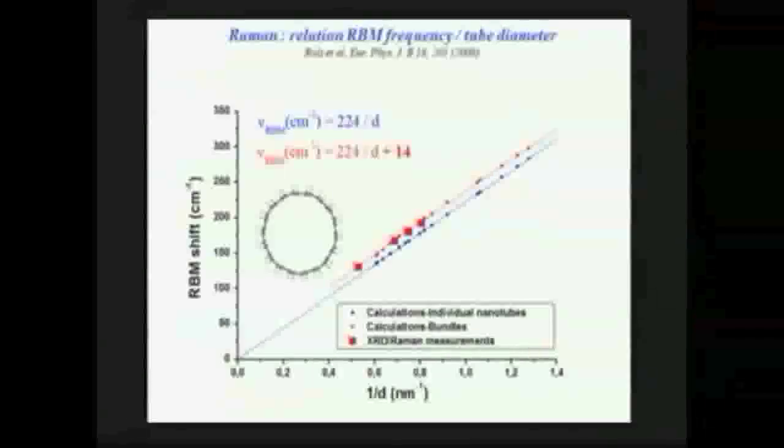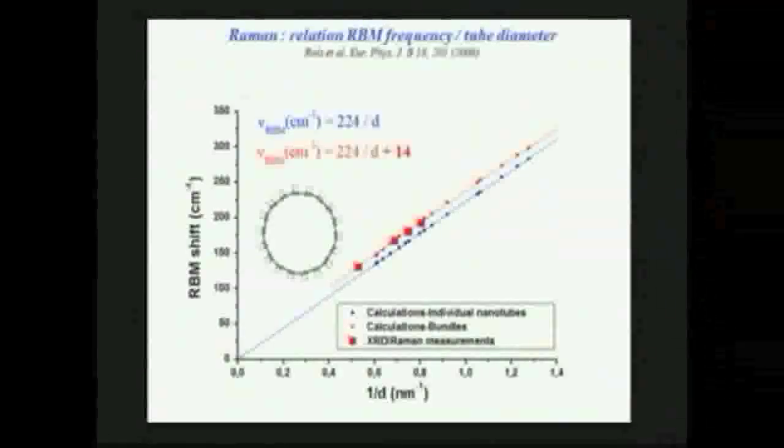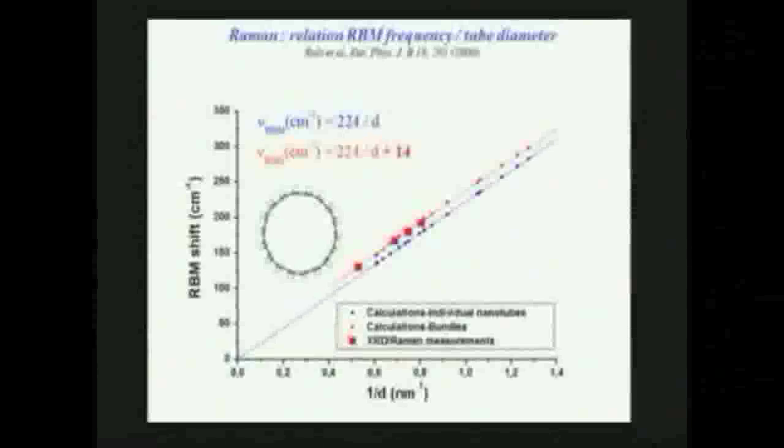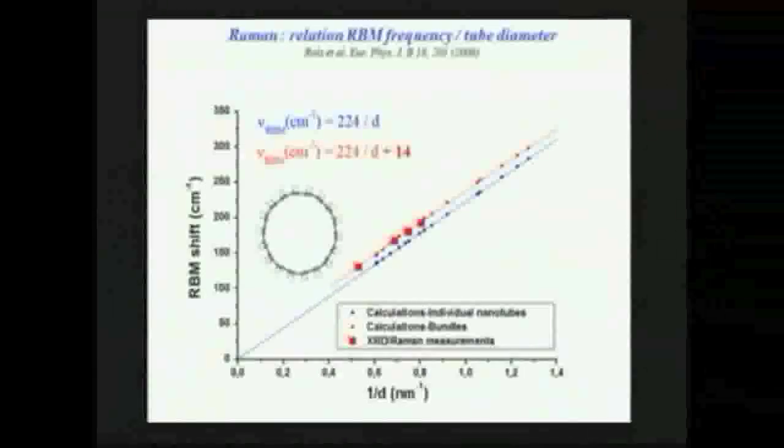So if you do that, you can plot a graph where you measure the diameter of the nanotube from X-ray diffraction and the radial breathing mode from Raman measurement. And you can find that they will go on a line.